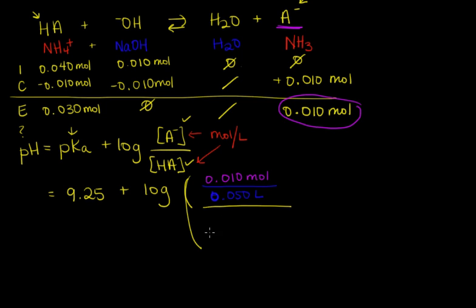Okay. And now we're going to do the same thing for the concentration of HA. So HA, number of moles of HA is 0.030 moles, and the total volume again is not going to change.